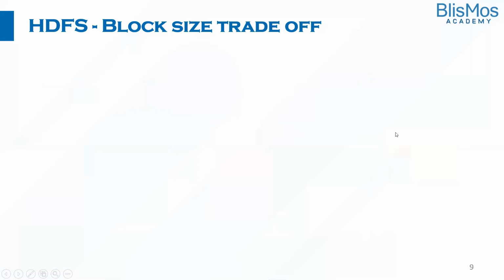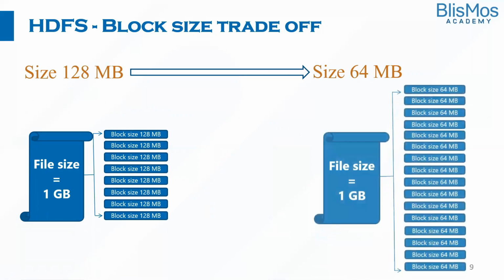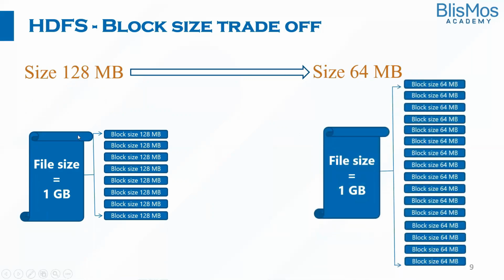On the other hand, if you decrease the block size from 128 MB to 64 MB, what exactly happens? Can you pause the video and just think of what happens here? For the same file size, we'll get so many blocks. We have 8 blocks when we have the default block size of 128 MB.